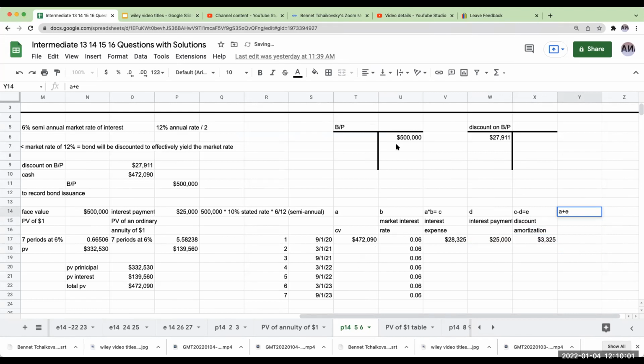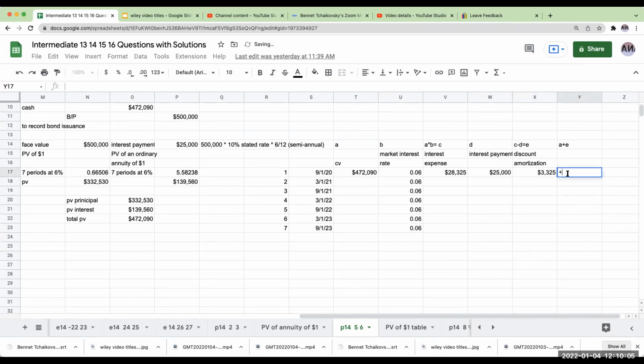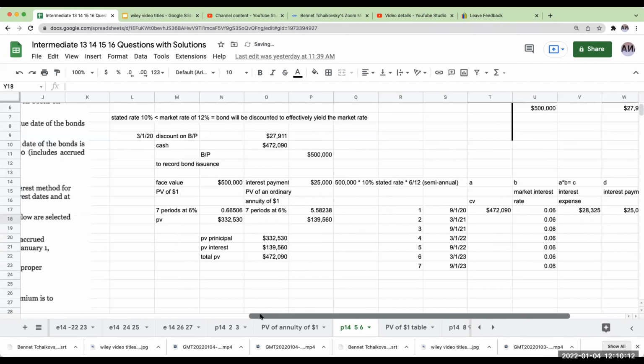Remember, what I'm trying to do is a journal entry. If I'm in a discount situation and I have interest expense, what does my entry look like? I know I'm always going to be debiting interest expense, and then I'm going to be crediting cash.